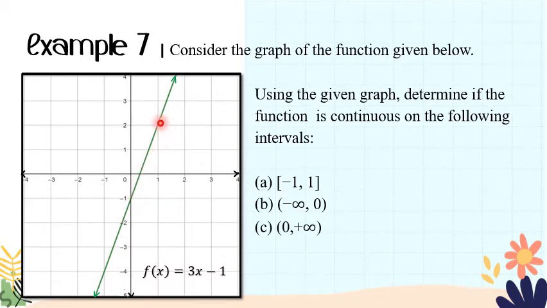Okay, so stopping here. So there's no hole, there's no break on the interval from -1 to +1. So meaning to say, for letter A, our answer will be continuous.